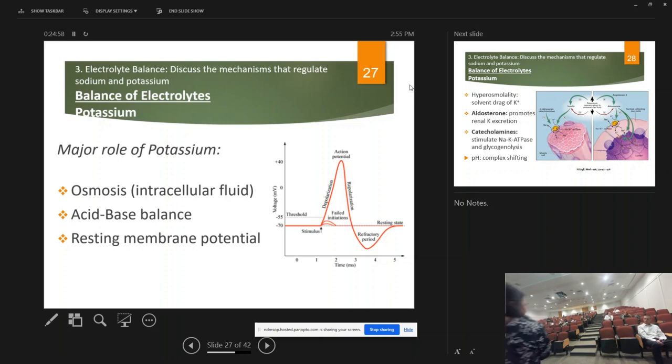Osmosis is nothing but water movement, right? So that will be affected. It also plays a role in the acid-base balance, which we'll talk about in a minute, and it impacts your resting membrane potential. Where? In the heart. But do kidneys have a resting membrane potential that we need to worry about?